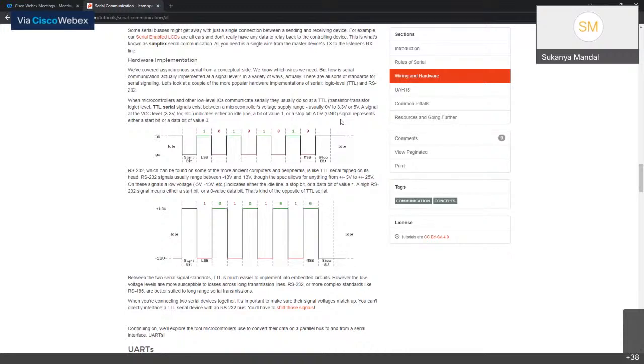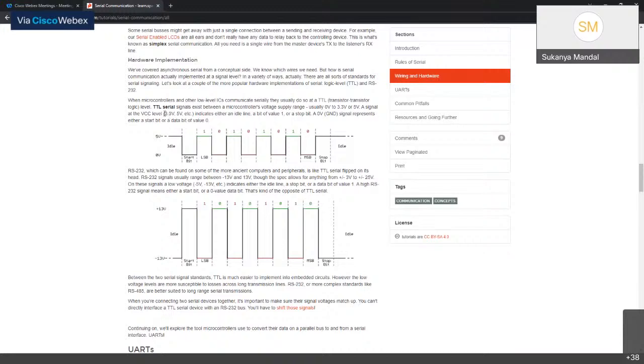TTL serial signals exist between the microcontroller's voltage supply range, so usually between 0 and 3.3 volt or 5 volt at the max, and this is pretty much the standard electronics limitation of voltage.